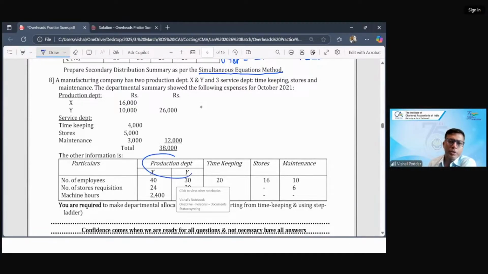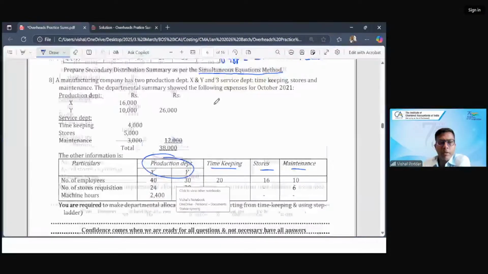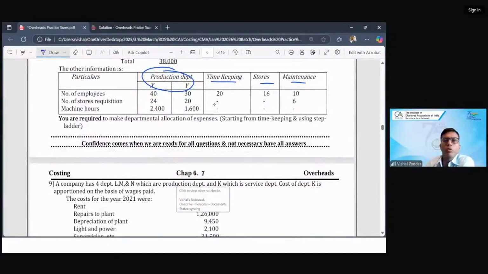There are 2 production departments, 3 service departments, and they have asked you to follow step ladder. And when it is step ladder, they have told you which department will be the first department. They are saying timekeeping will be the first department. So let's start with timekeeping.